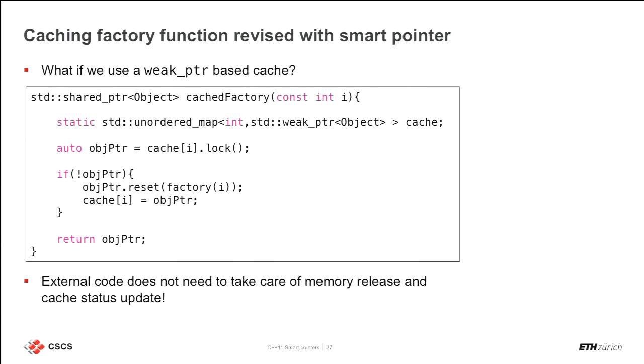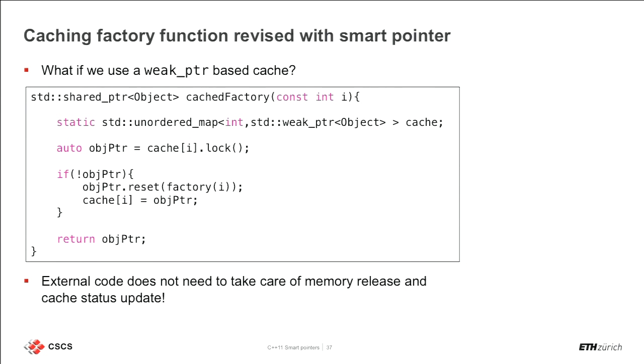This can be a null pointer, because if the object is not here, the map will return you a weak pointer, which is an expired weak pointer, so that on this weak pointer you can call lock, and you will obtain a shared pointer which is not valid and will point to a null pointer.